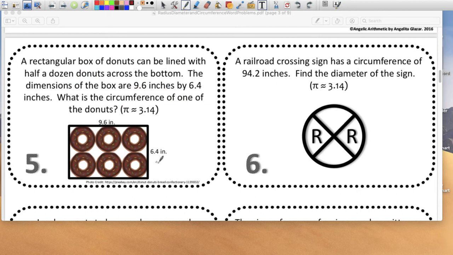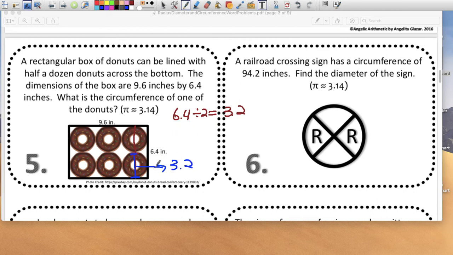So I know that from here all the way to here is 6.4 inches. If I divide that by 2, 6.4 divided by 2, I get 3.2. So from here to here is 3.2, and that's the diameter of the donut, right?